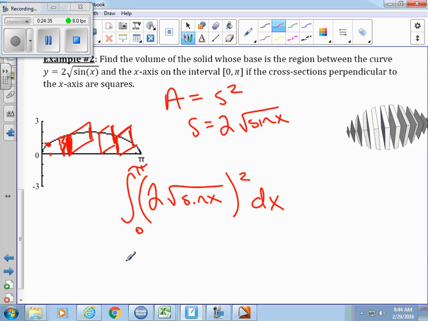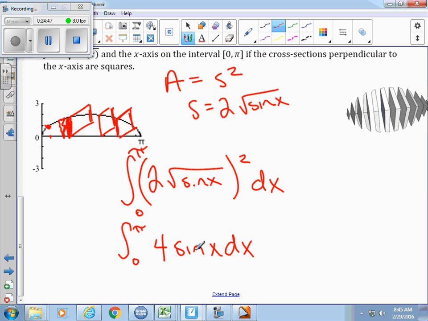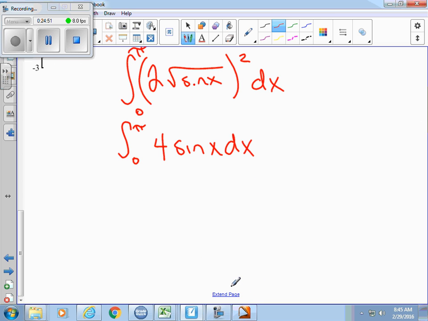I'm going to add up all those areas of squares. This one I could do by hand. Why could I do this one by hand and not the last one? It's just sine of x. The other one had sine squared, and that is a very complicated integral. So I'm going to do this one by hand. What is the antiderivative of sine of x? Negative cosine. The other one we would type in our calculator.